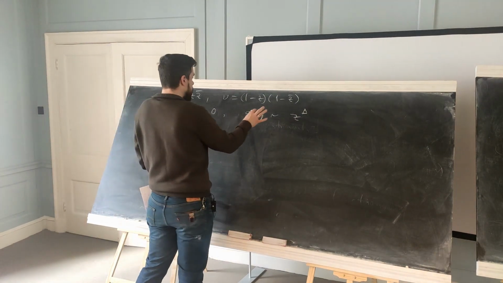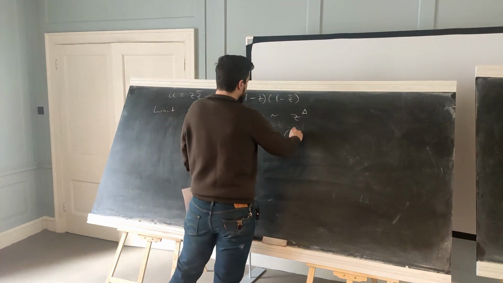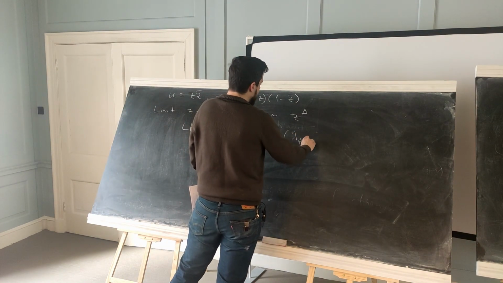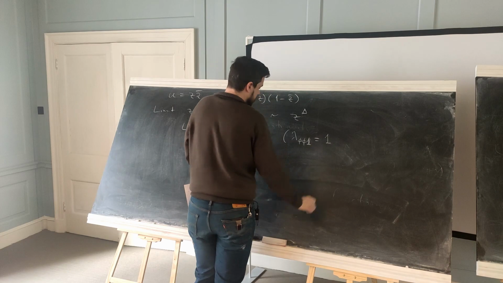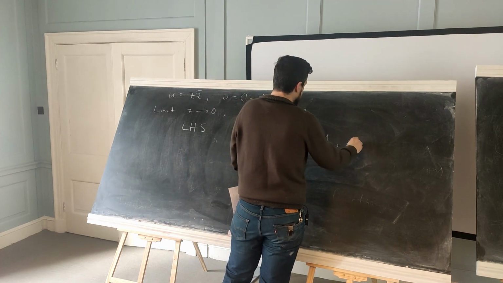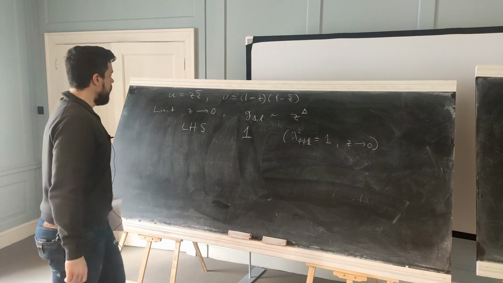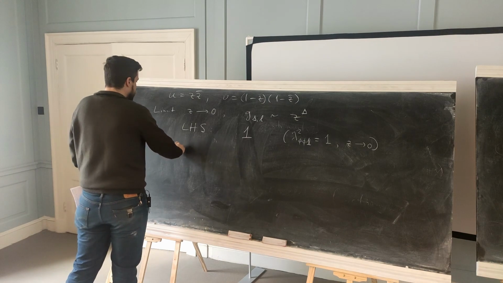So on the left-hand side, the dominant contribution will give me 1 for the crossing equation, where I have assumed that lambda phi phi of the identity is normalized to 1, and this is, of course, in the limit z going to 0. So that's what I get from the left-hand side, the S channel.